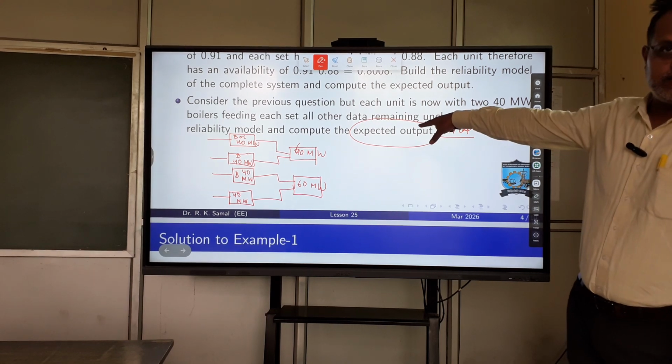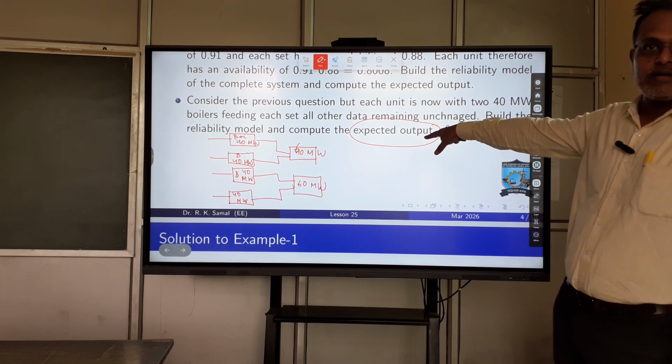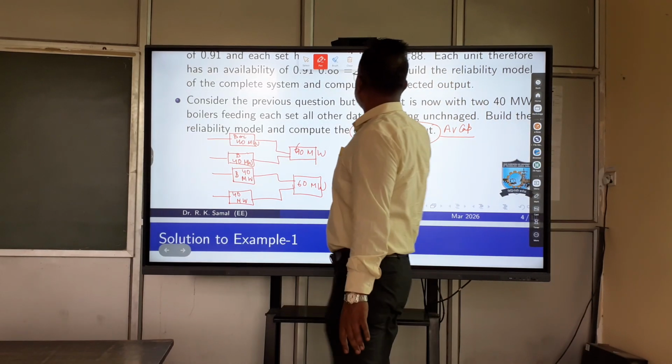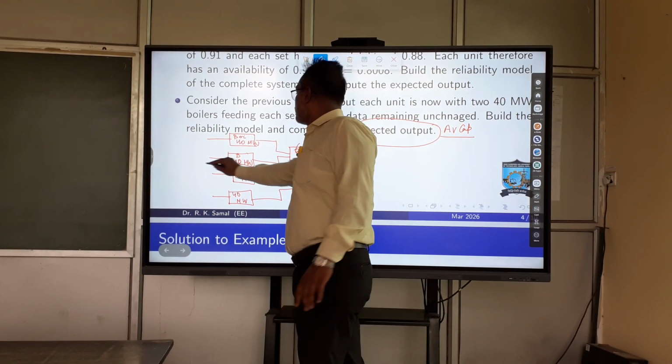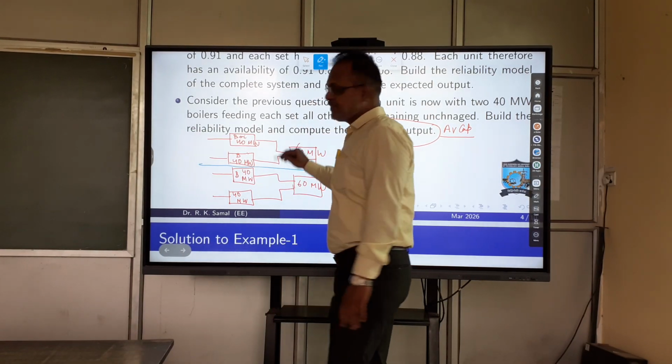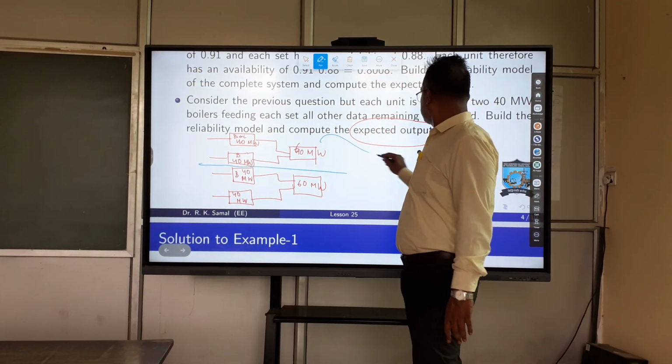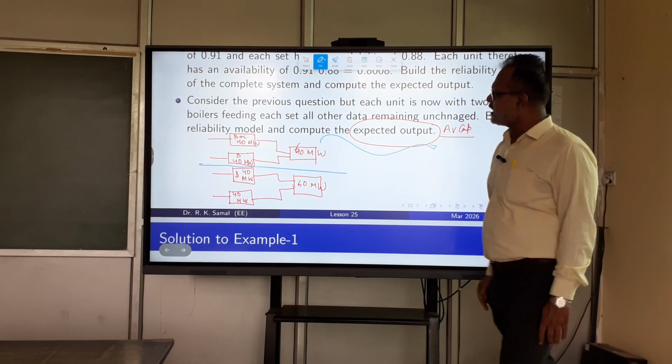Suppose each unit is 60 megawatt. Forget about the second one. Consider it as separate. We consider only this one. So what are the available capacities for this?